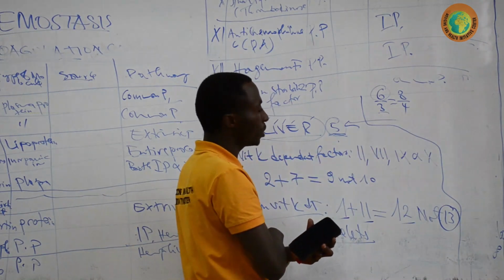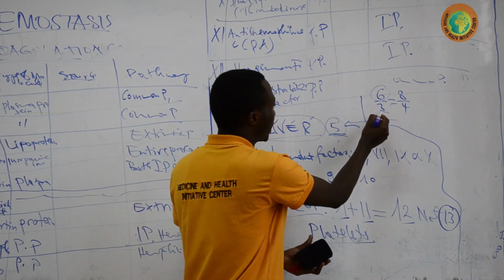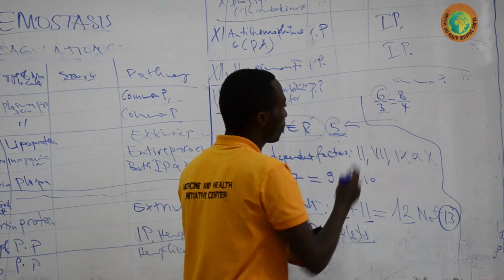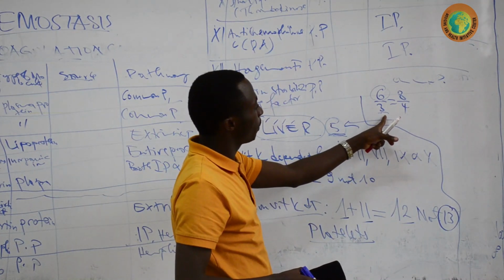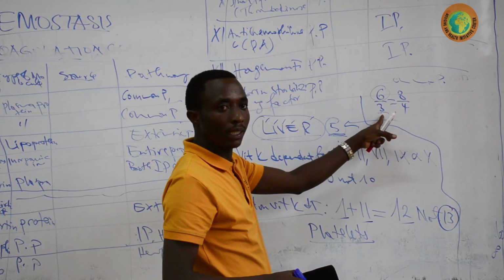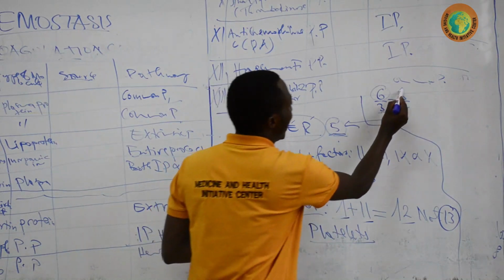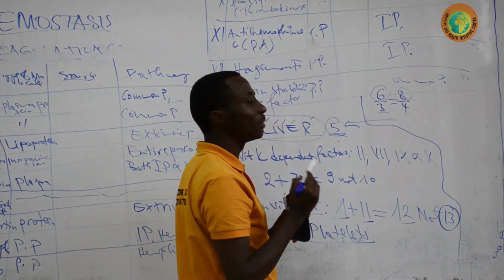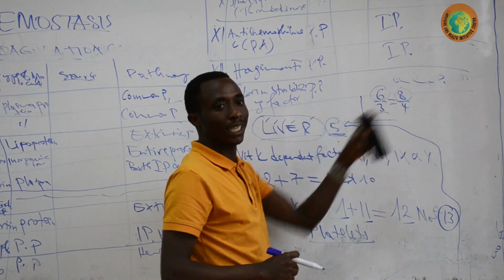Factor 3 is tissue thromboplastin, which is able to be produced by damaged cells and platelets. Factor 8 is produced by endothelial cells of the blood vessel and the platelets.